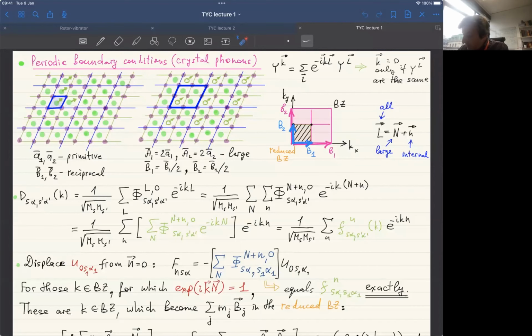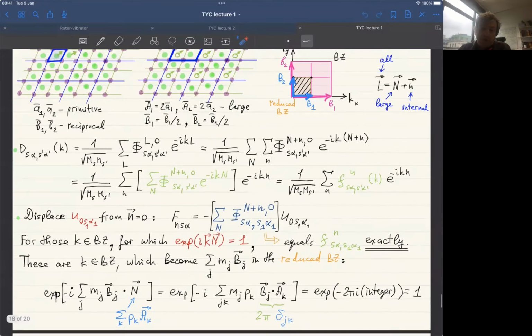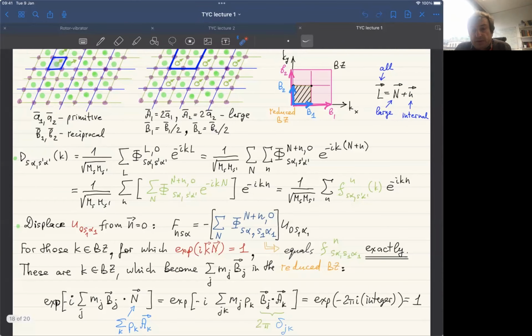And of course, you're limited with this method because you can't take very large extensions. If you would like to calculate vibrations at K points which are just slightly different from some particular ones, for example, around the gamma point, you would need to take very large extensions of the primitive cell with this method, which is in practice impossible.